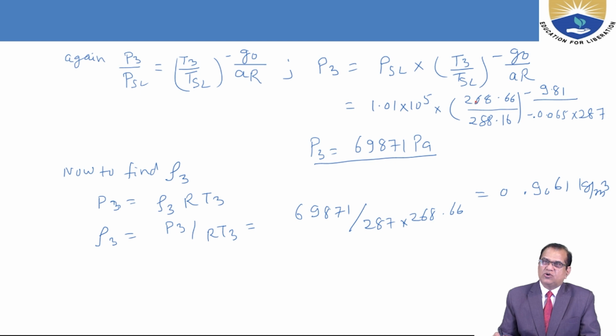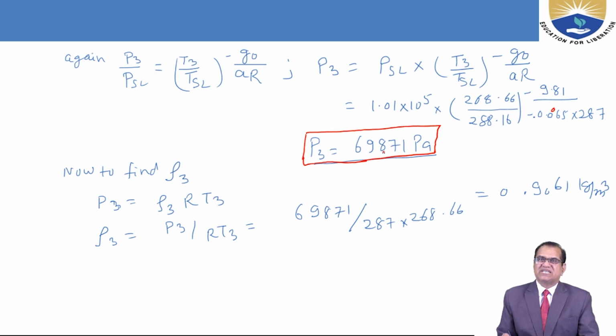T3 is 268.66 divided by 288.16, to the power 9.81 divided by minus 0.0065 into 287. So you will get P3 equal to 69871 Pascal. So this is the P3 we have got.